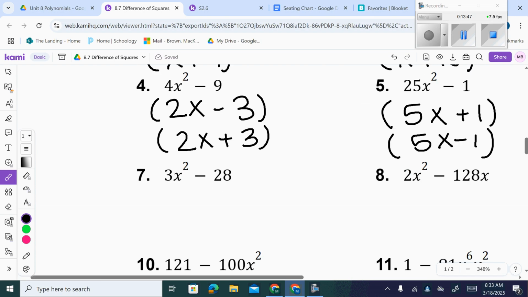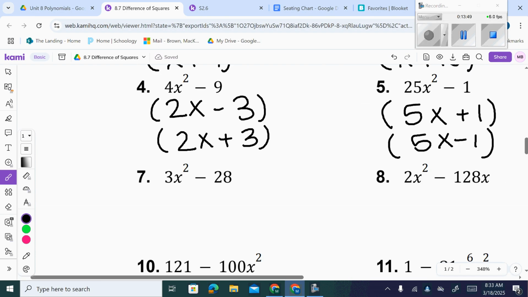What else should I check for? GCF. Is there a number that goes into 3 and 28? Does 3 go into 28? No. Alright, so can you factor this one? No. So you're just going to leave it the same.